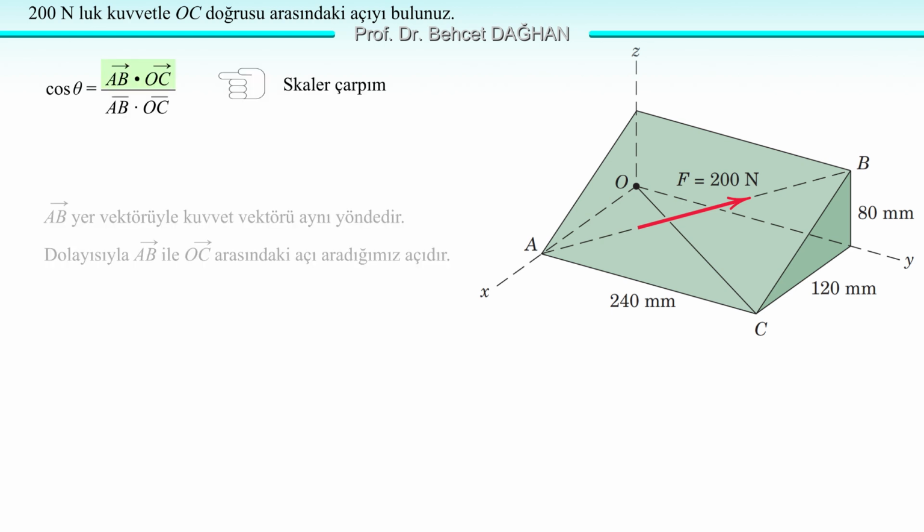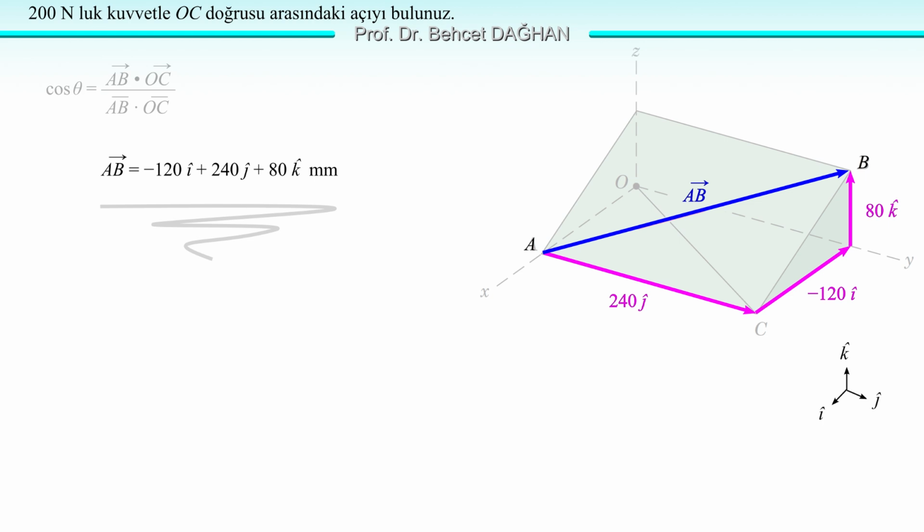We know that we can find the angle between two vectors using dot product. First, let's write AB and OC in terms of unit vectors. Let's write the vector AB. We go from A to B, looking at how far and in what direction we go, parallel to the axis.